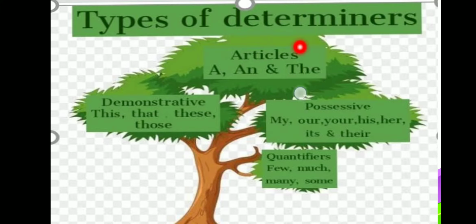Articles are also of 2 types: the definite article the, and the indefinite articles a and an. Next are demonstrative determiners: this, that, these and those. Next are possessive determiners: my, our, your, his, her, its and their. Next are quantifier determiners: few, much, many, some, enough, little, etc.